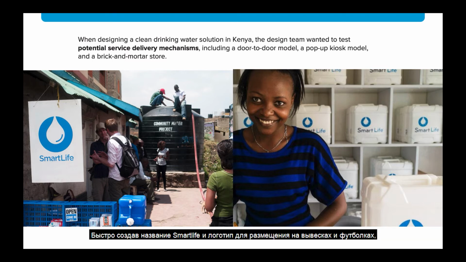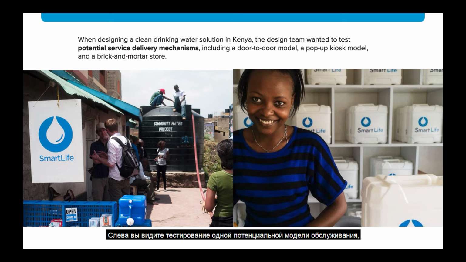By creating very quickly a name, Smart Life, and a logo, which they could put on signs and t-shirts, renting a kiosk and storefront for a day, the design team was able to simulate these three types of in-person service delivery models and test how these interactions might work with potential customers.